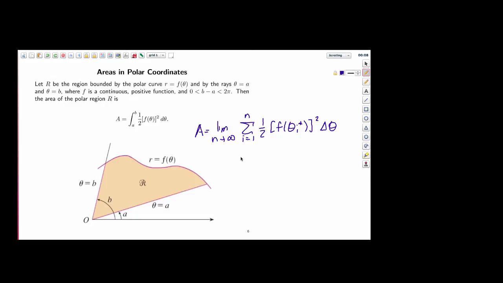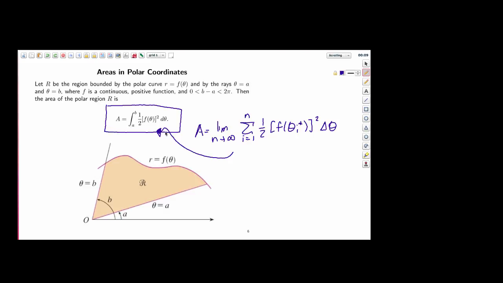Taking the limit as n goes to infinity gives us our Riemann sum, so we get an integral formula for the area. The area bounded by a polar curve in between theta equals a and theta equals b is exactly this formula: the integral from a to b of 1/2 times the quantity f of theta squared d theta, or 1/2 r squared d theta.